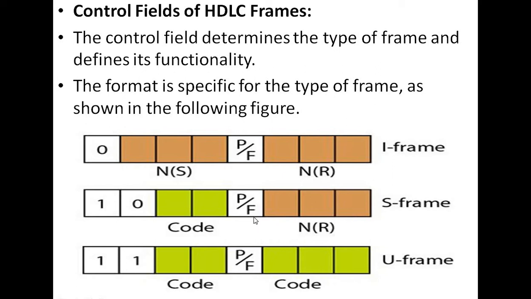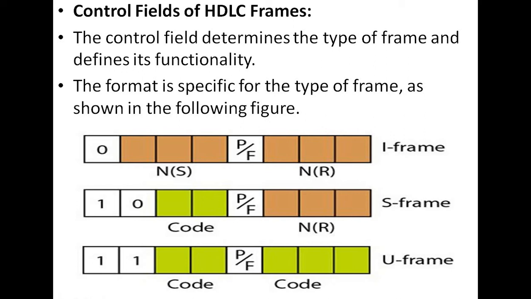With 2 bits we can have 4 types of S-frames. The 2-bit code field defines what type of S-frame it is. That means S-frames are of different types, and the code field defines which type the S-frame is.